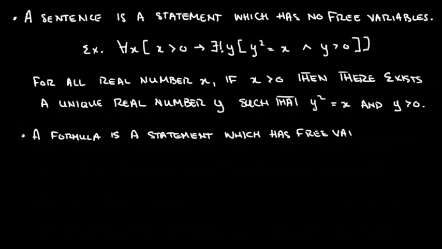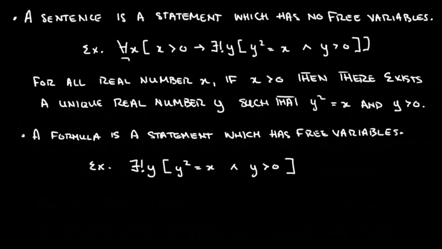Remember, a free variable is a variable that is not bound by a quantifier. So it can have one or more of these free variables. Now, for our example, we can simply take the substatement right here. There exists a unique y such that y squared is equal to x and y is greater than 0.